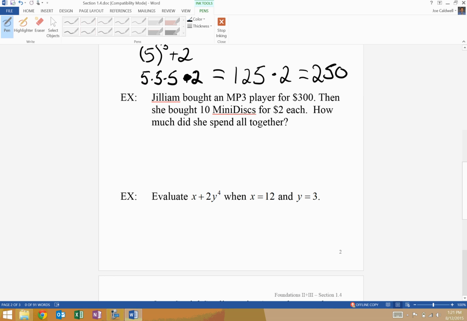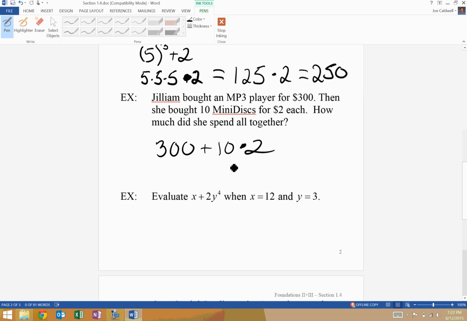All right, we have kind of an outdated example. You probably don't know what an MP3 player is, but that's fine. Someone bought an MP3 player for $300. Then she bought 10 mini discs for $2 each. How much did she spend altogether? We have a couple of operations going on. We have the one-time expenditure of $300, and then we add to that 10 discs at $2 each, so 10 times 2 gives the total cost of the discs.